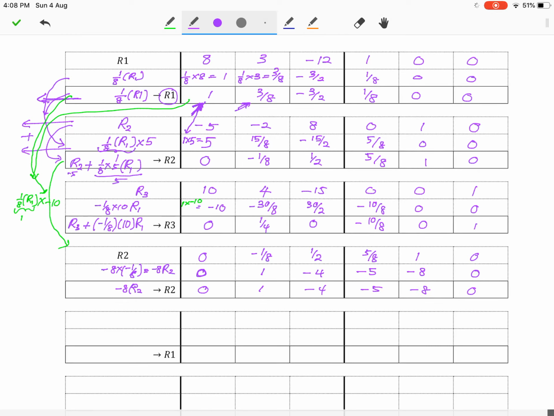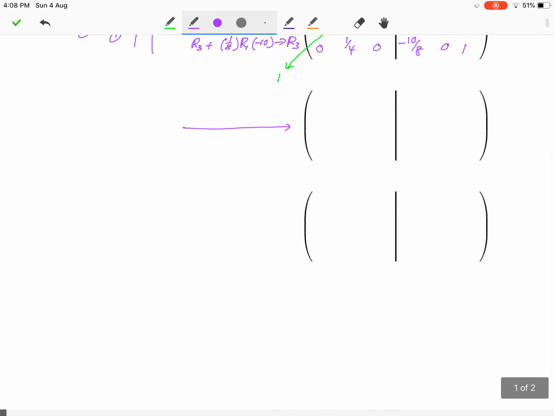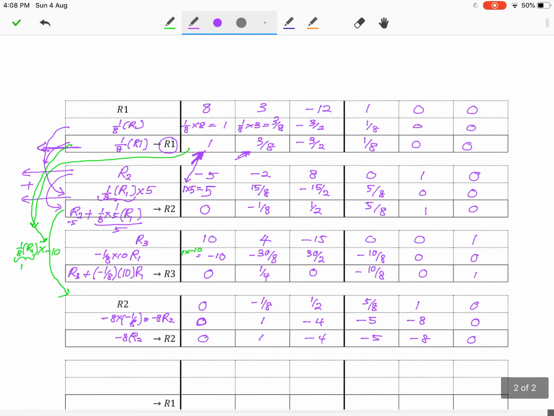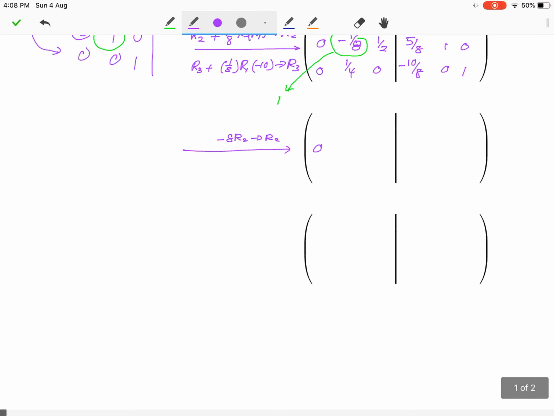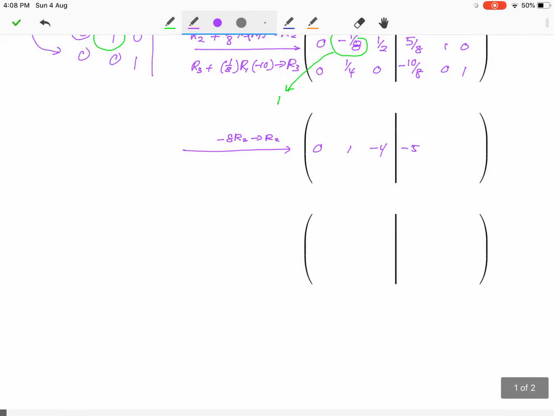Okay. Now, the next one. So let me copy down this one first. Negative 8 R2 become R2, which is 0, 1, negative 4, negative 5, negative 8, 0.